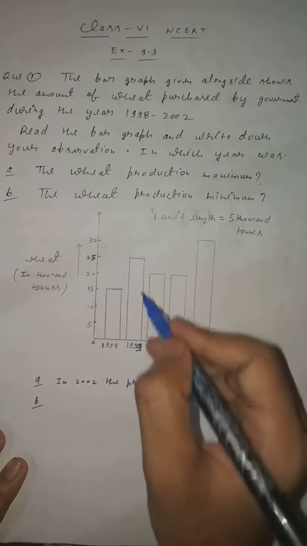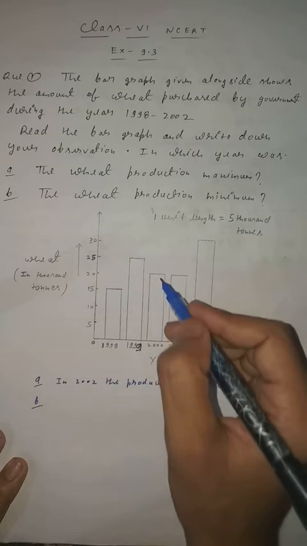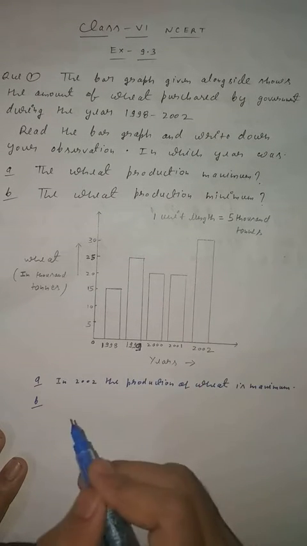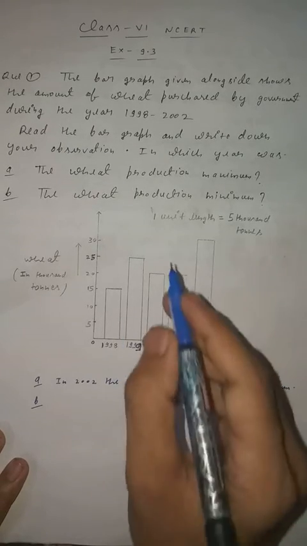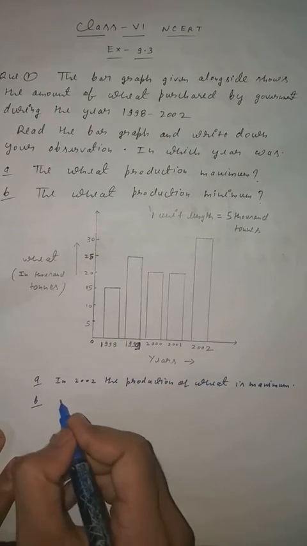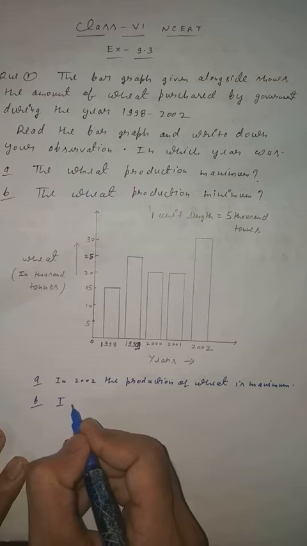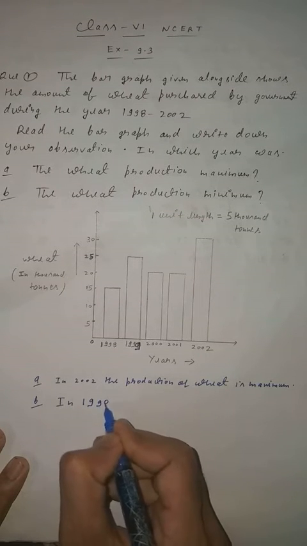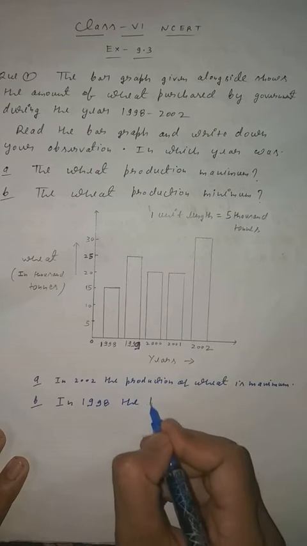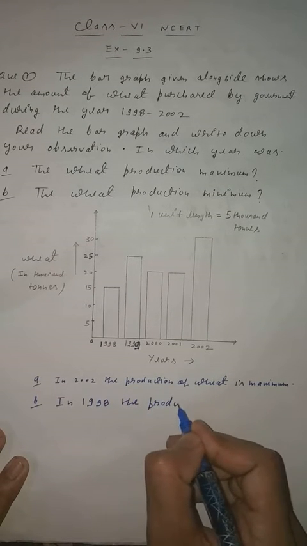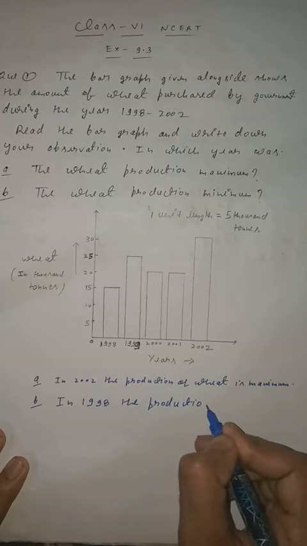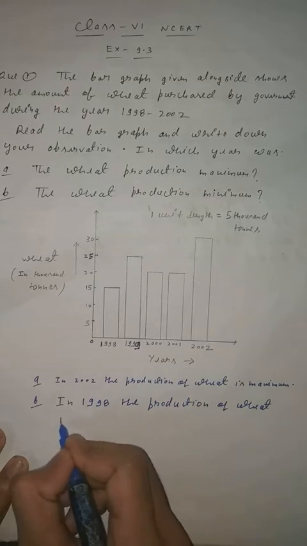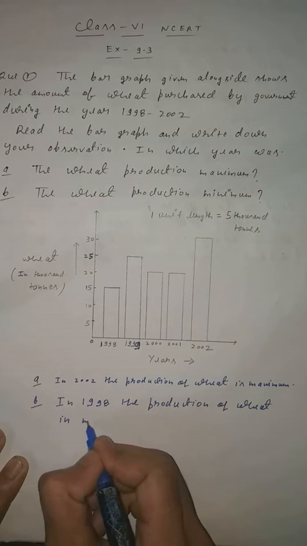In other years, 1999 this is 25, 2000 is 20, 2001 also 20, and 2002 you know that is maximum. So in which year is the wheat production minimum? In 1998 the production of wheat is minimum.